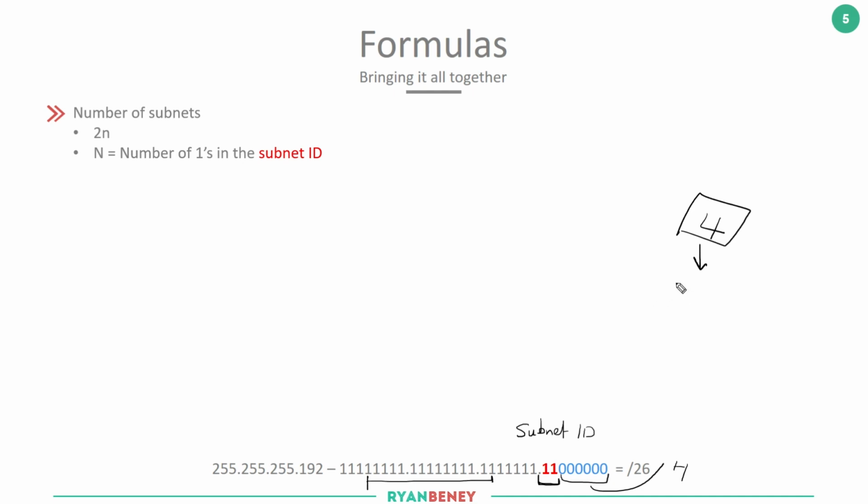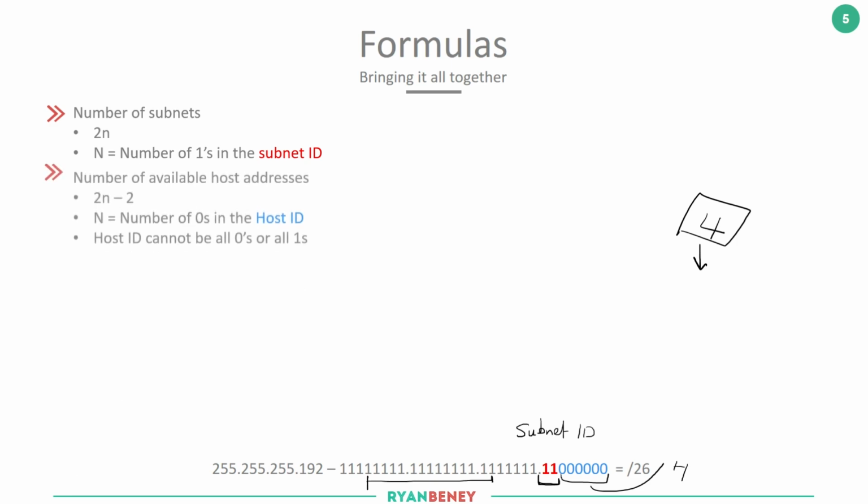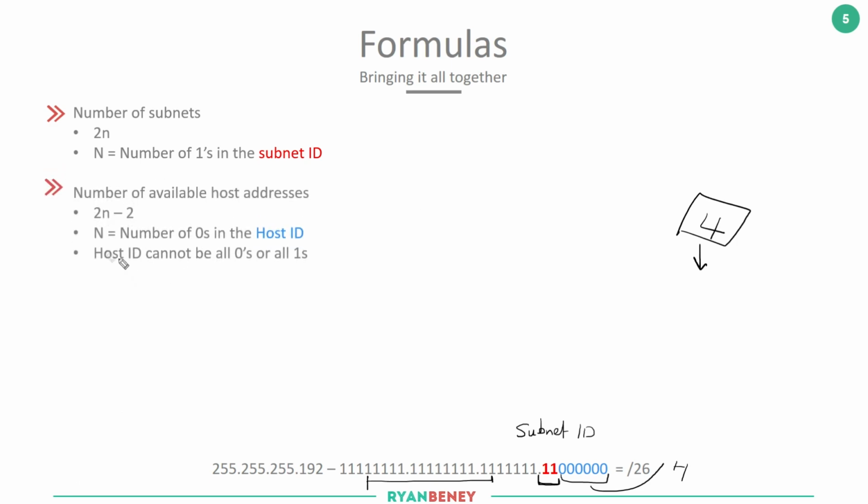Now, how many hosts are in each network? We figure out that by doing the next formula, which is, again, 2 to the power of n minus 2. And the reason we minus 2 is because we have the network and the broadcast address. So, again, all the host IDs. Here we have 1, 2, 3, 4, 5, 6. So that's 2, 4, 8, 16, 32, 64. 1, 2, 3, 4, 5, 6.